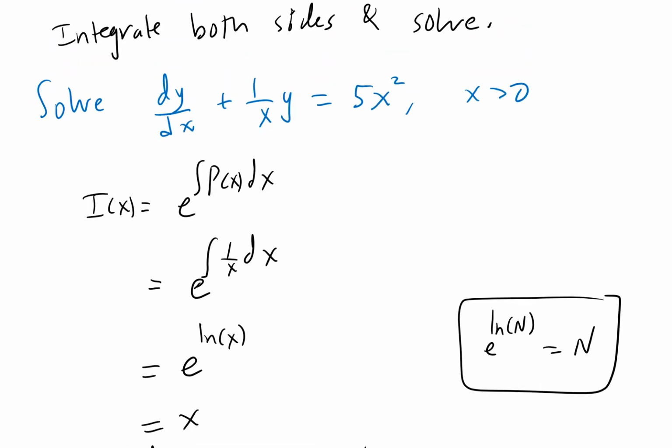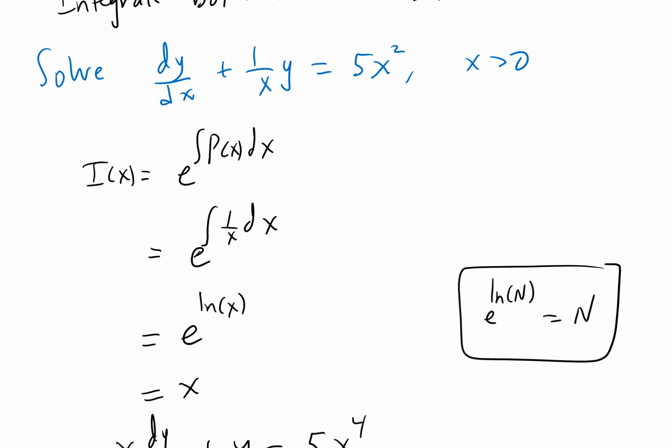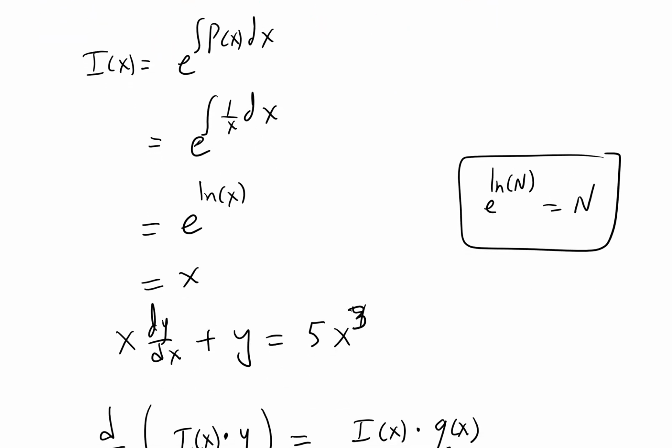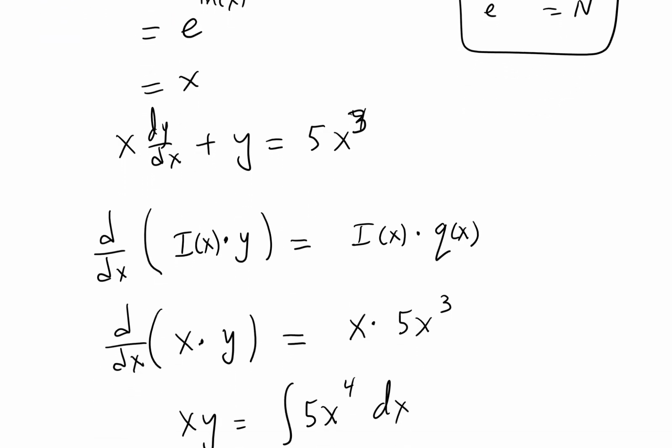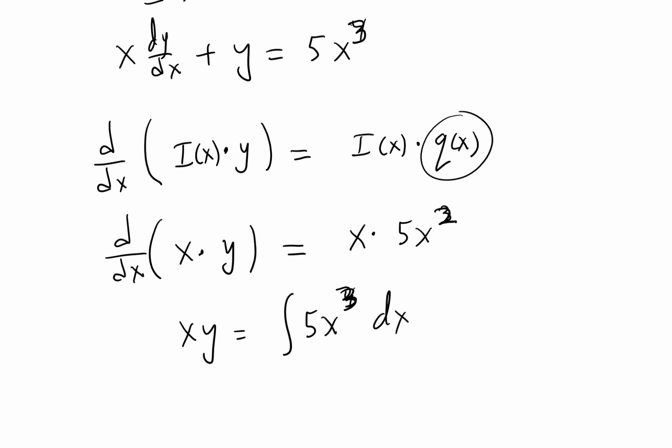Let me scroll back up. That was 5x squared. That should be cube, because q of x is the one before we multiply by x.